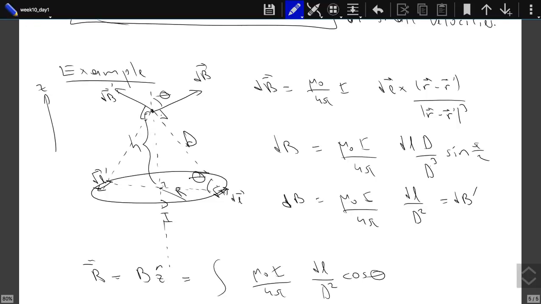So cosine of theta is R over D. Let's see, what is D?